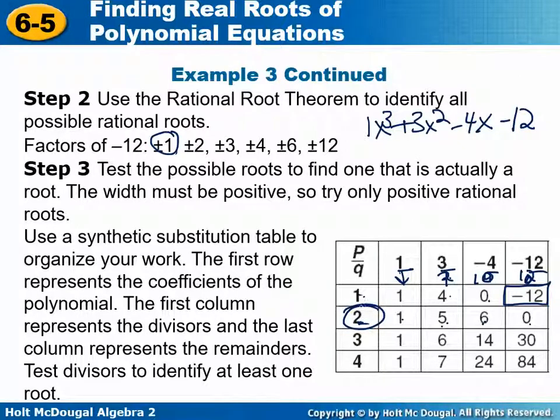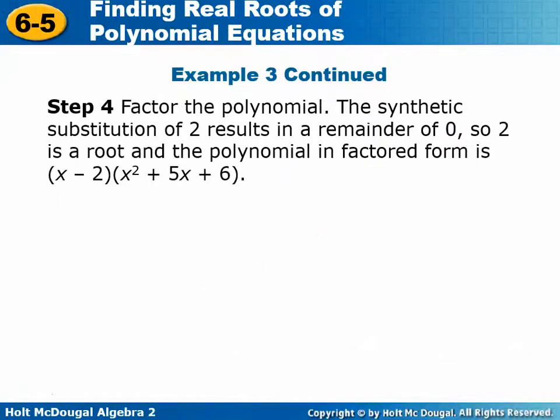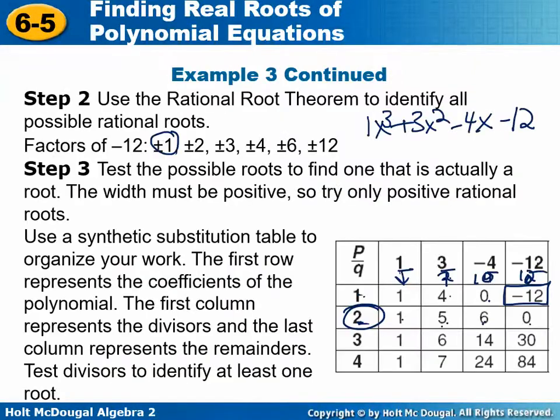Now, once you find 1, you don't have to keep going unless you want to. Once you find 1, you could use that to write one of our, let me just write this out. So we know that this is going to be one of my factors. And let's see, what was the whole thing? X cubed plus 3x squared minus 4x minus 12. I know that x minus 2 will divide into that.